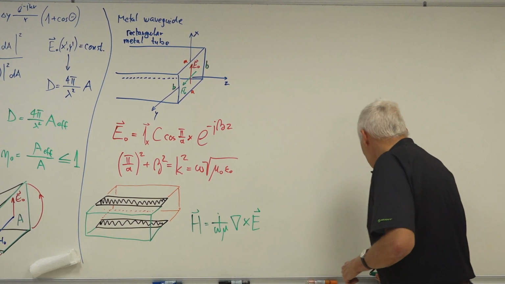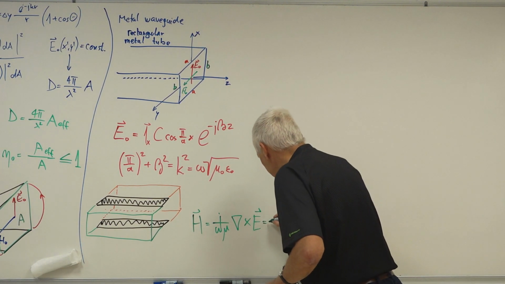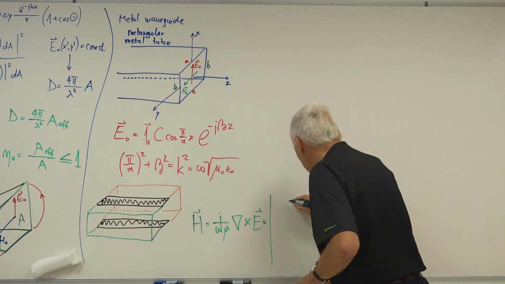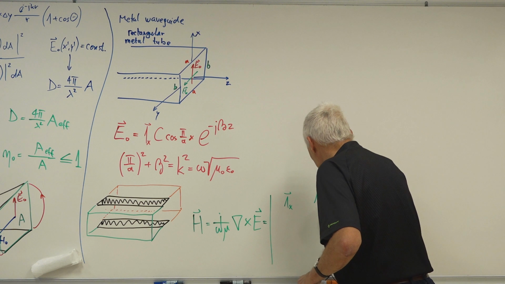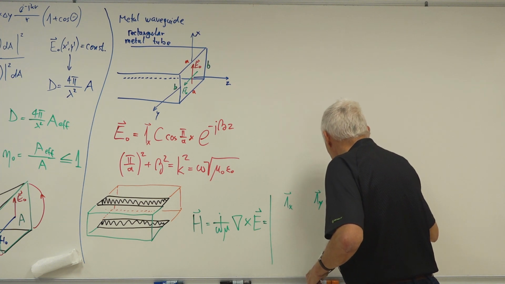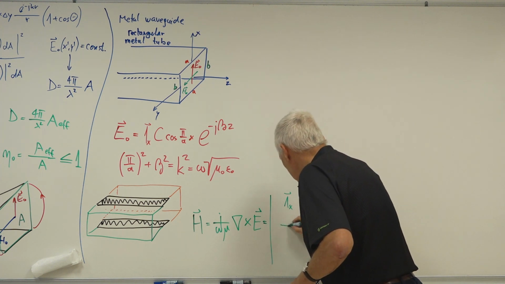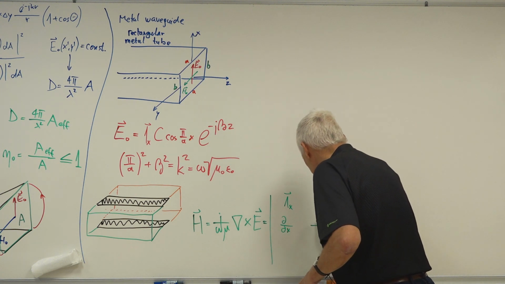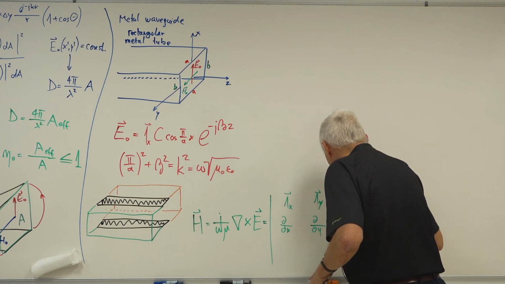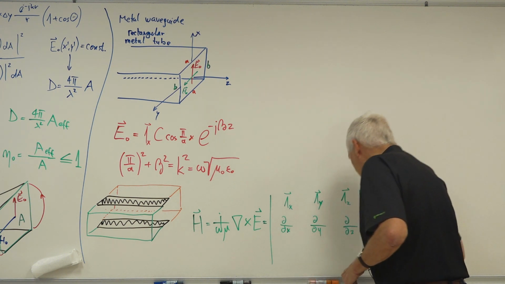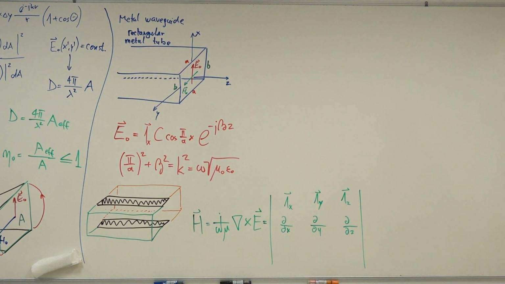Well, I can write the curl as the determinant for the cross product, the derivatives over the coordinates, and our electric field only has the x component.